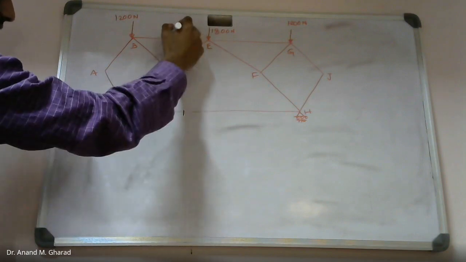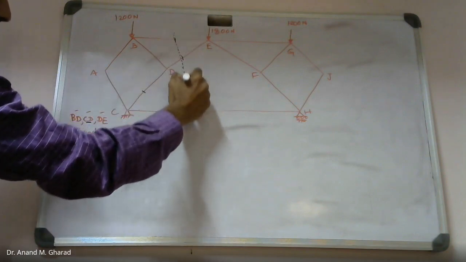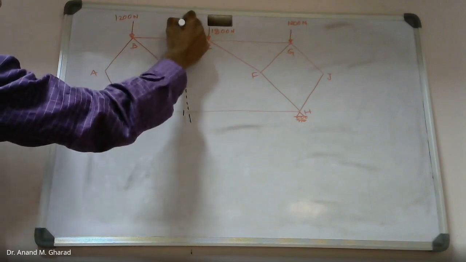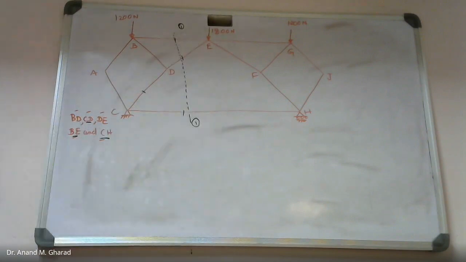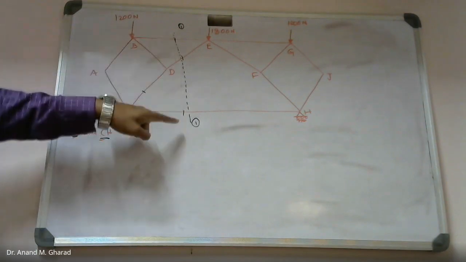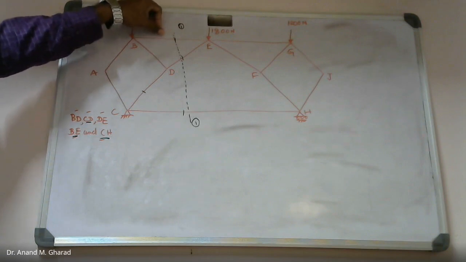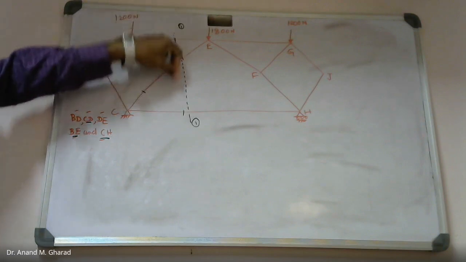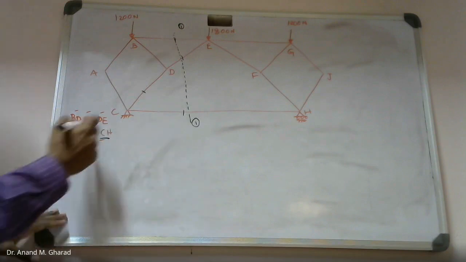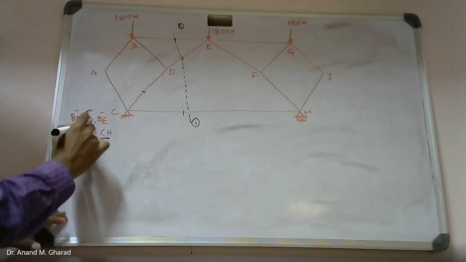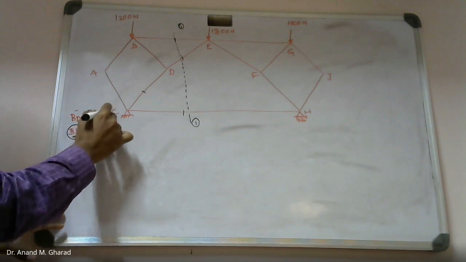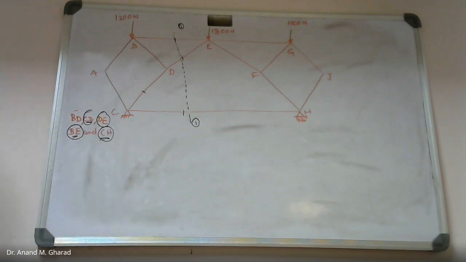This can be done if I consider this cutting plane, section 1-1. Am I right? If I consider this section 1-1, I am in a position to identify the forces in members BE, DE, and CH. Is this okay? So out of 5, 3 can be easily found out with the help of this section.